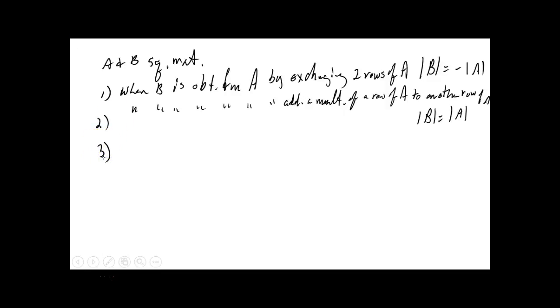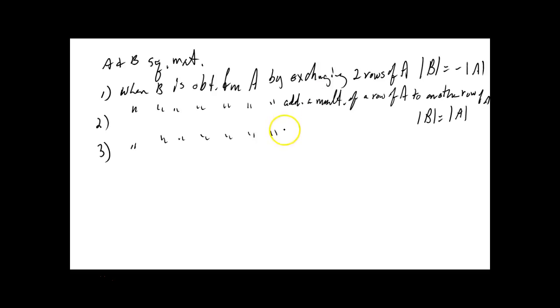Okay? Number 3, when B is obtained from A by multiplying a row of A by a non-zero constant C, what do you think is going to happen to the determinant?